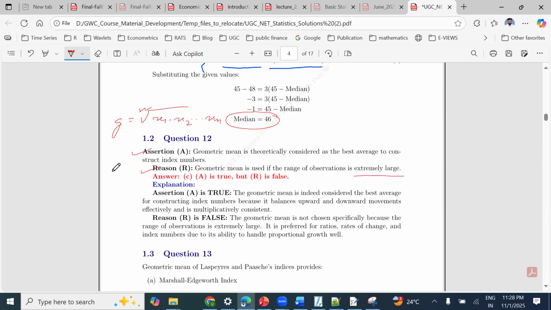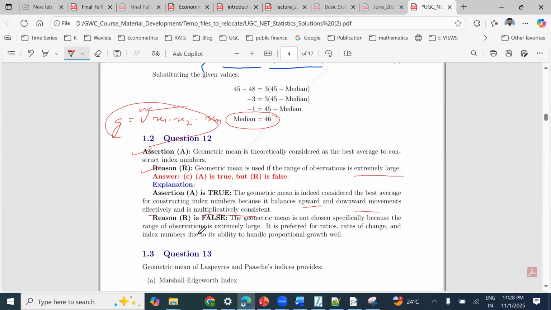Okay. So this is your geometric mean, right? So what is it saying? Geometric mean is the best average for constructing index number, because it will balance upward and downward movement effectively, and it is multiplicatively consistent because you are multiplying here. Are you getting my point? That is why it is saying.